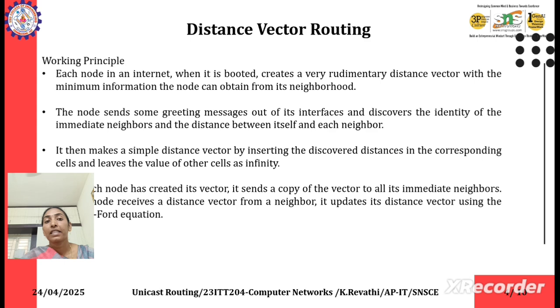It then makes a simple distance vector by inserting the discovered distances in its corresponding cells. Each node creates its vector and sends a copy of the vector to all its immediate neighbors, and when a node receives a distance vector from a neighbor, it updates its distance vector using the Bellman-Ford equation.